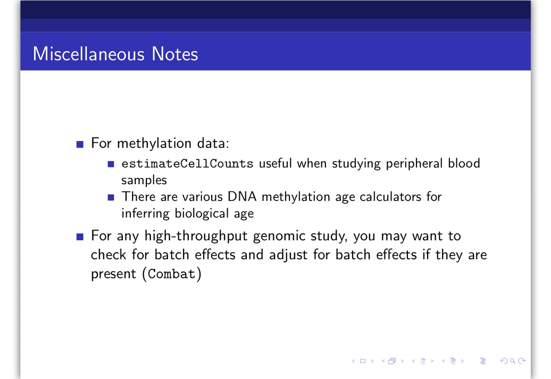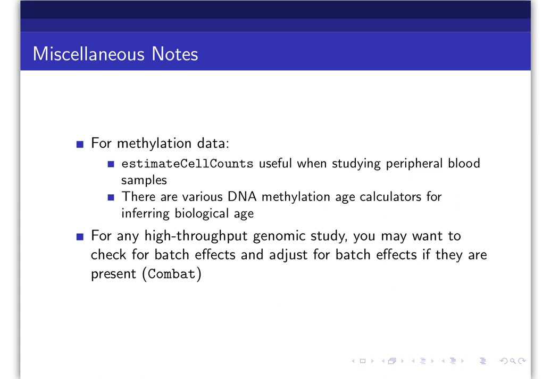Peripheral blood samples are composed of many different cell types, so the estimateCellCounts function can be used to estimate the relative proportion of pure cell types within each sample. That is, given peripheral blood samples, the estimateCellCounts function will return the proportions of lymphocytes, monocytes, B cells, and neutrophils. These values, or their transformations, can then be used to adjust differential methylation analyses.